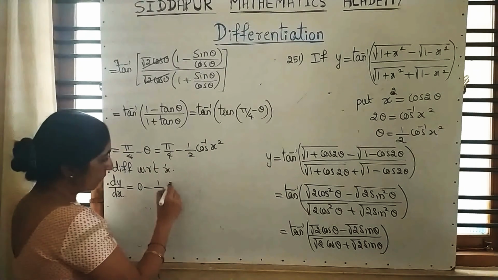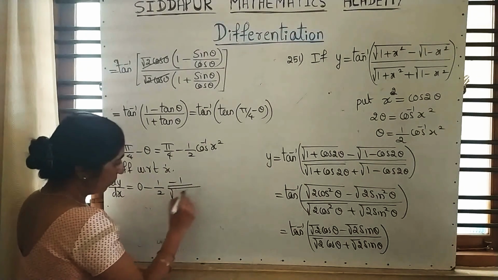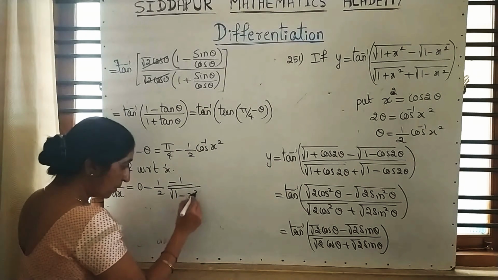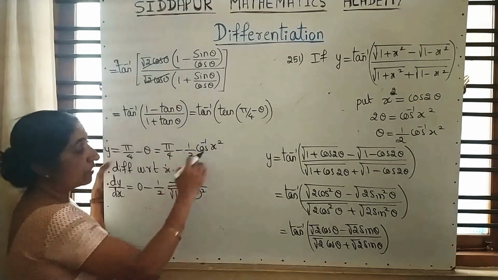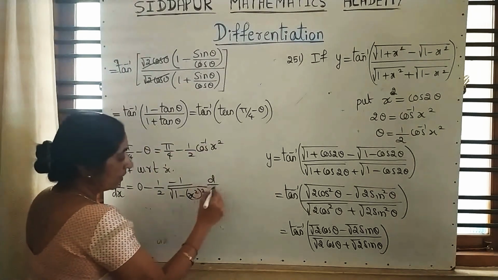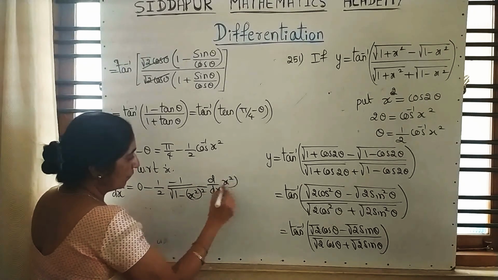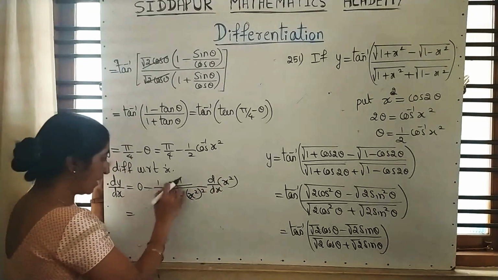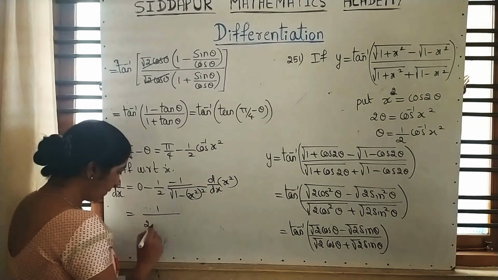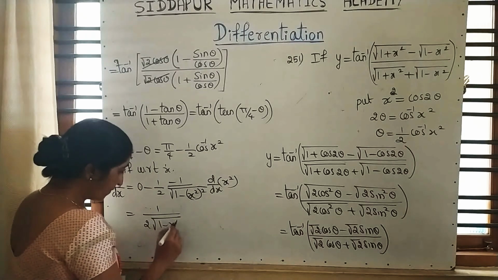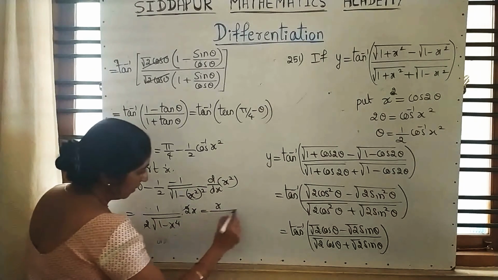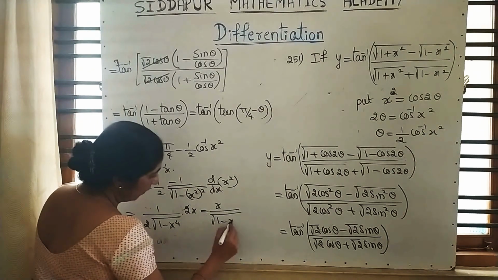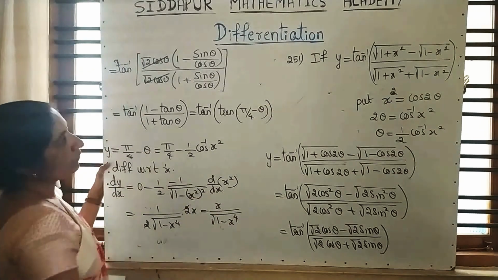Differentiation of cos inverse x is minus 1 upon root of 1 minus x square square, because in place of x we have x square, into differentiation of x square. This minus into minus becomes plus, and this is 2x. It is x upon root of 1 minus x to the power 4.